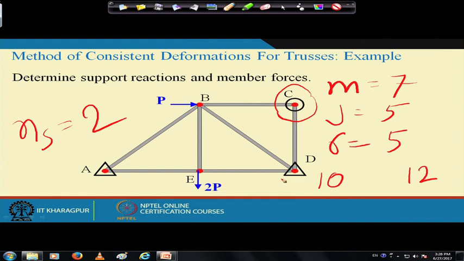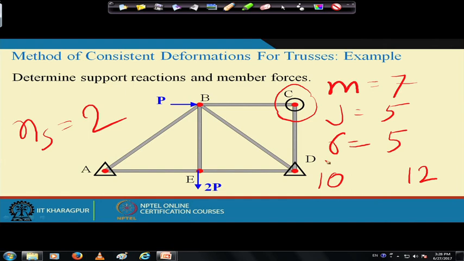So this roller at C is an additional constraint, and the horizontal constraint at D is another additional constraint here. So we will take these two as redundant forces.